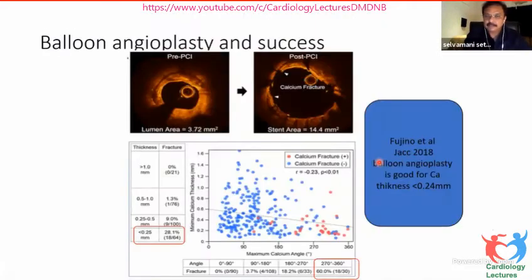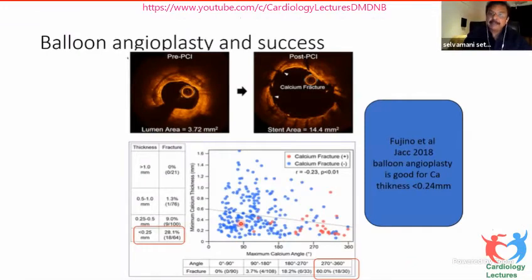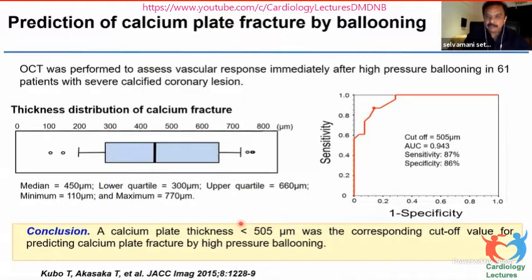Some trials have shown up to what extent of calcium you can do only with balloon, or where you need newer devices. Studies like Akasaka have shown that up to 500 microns, you can break it with a balloon. Many people say between 300 to 500, but it is not definite. But beyond 500, there is always a doubt.